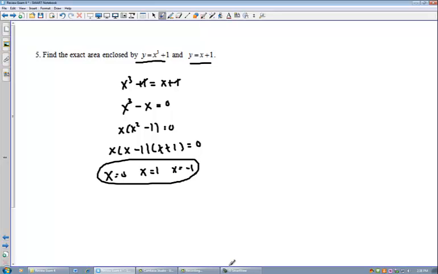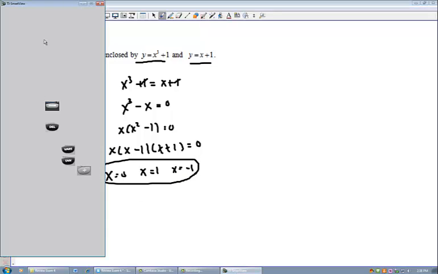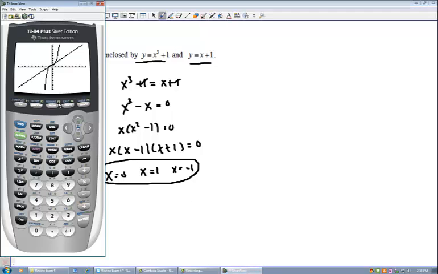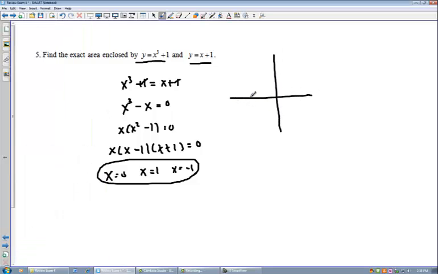So in my calculator, I'm going to go back to the window and go from negative 1 to 1 and zoom fit it. That should give me a pretty decent window. All right, perfect. It looks just like this, from minus 1 to 1.